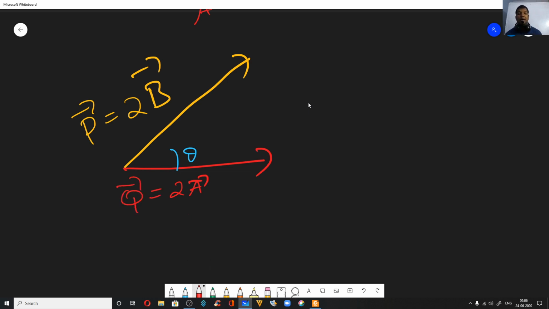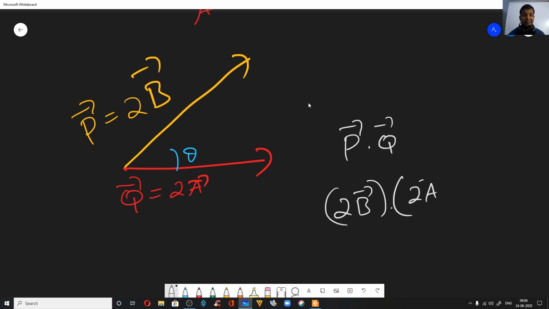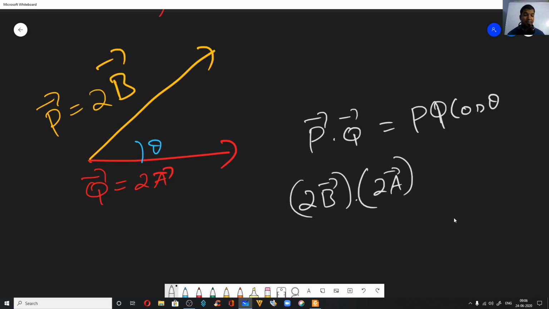Now if you perform p dot q, what do we get? p is essentially 2b dot 2a. You will get pq cos theta, right? You can see from the diagram that the angle remains the same.